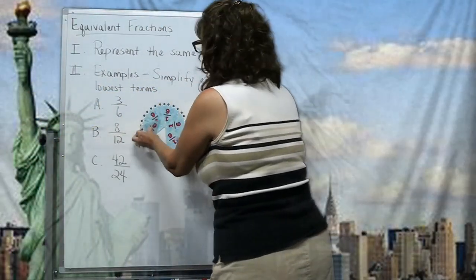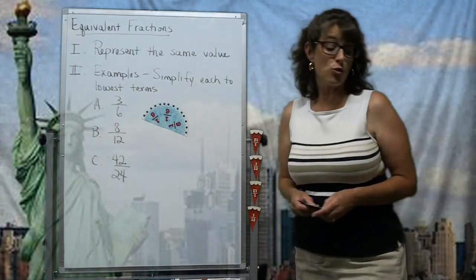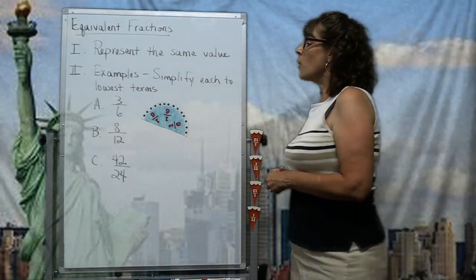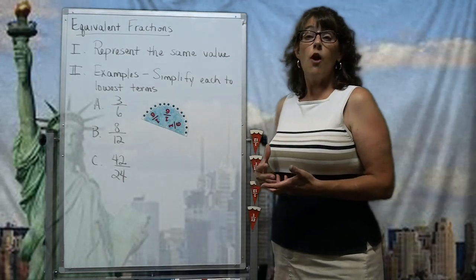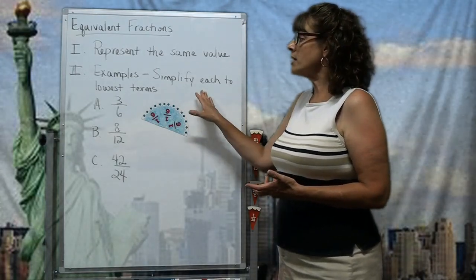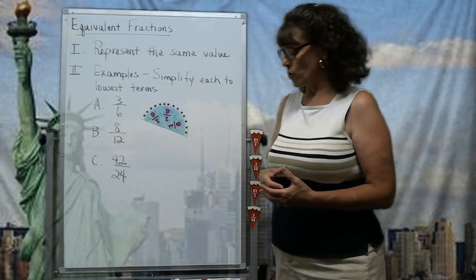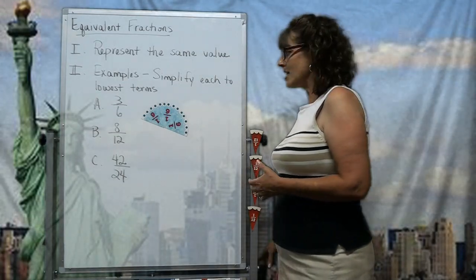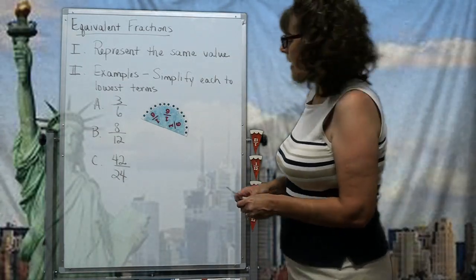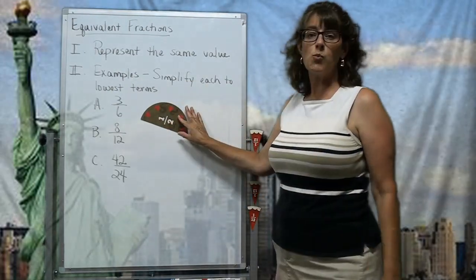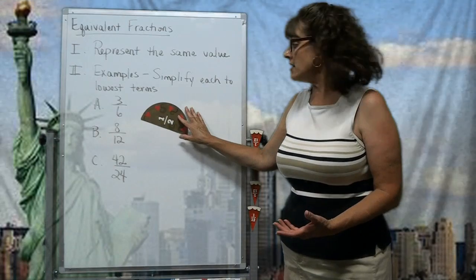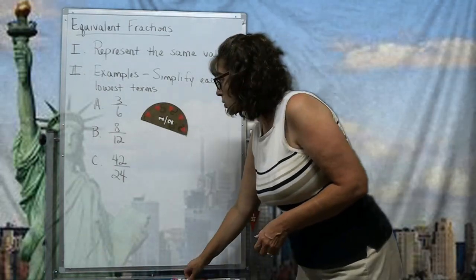So this says I don't have all 6 of them, I only have 3 of these 6. So what I'm going to do now is say that is the equivalent of what type of fraction, because I want to simplify it into lowest terms. Well, as I look at this, it seems like that takes up the same space as 1/2. And sure enough, it does take up the same space as 1/2.